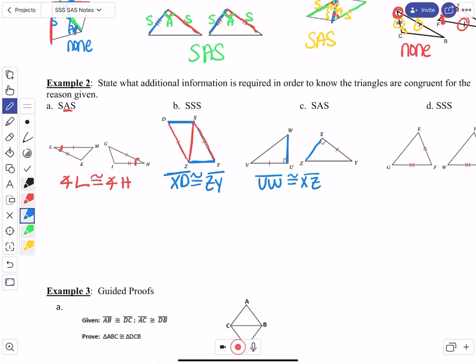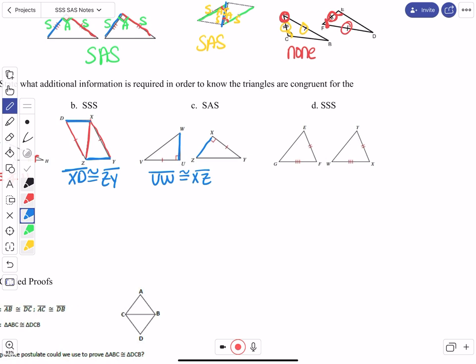That order is important when you are naming these things. Okay? All right, and side, side, side. This is probably one of the easiest ones. We just need that third side. So obviously we need this side right here. So EG is congruent to YW on this one.